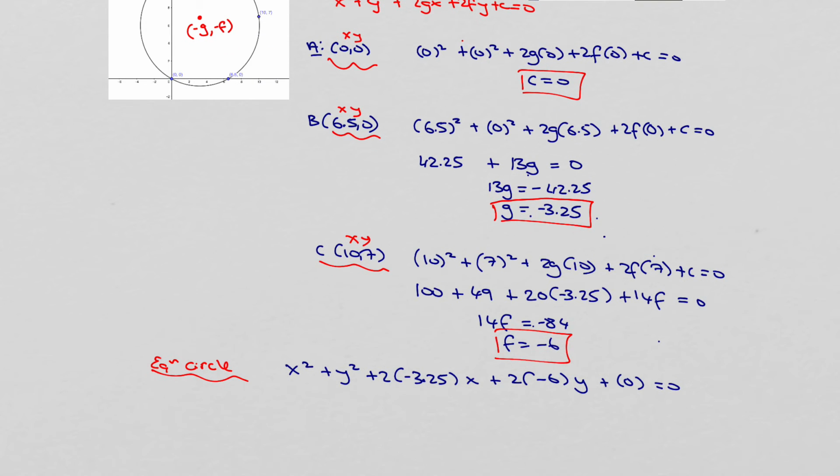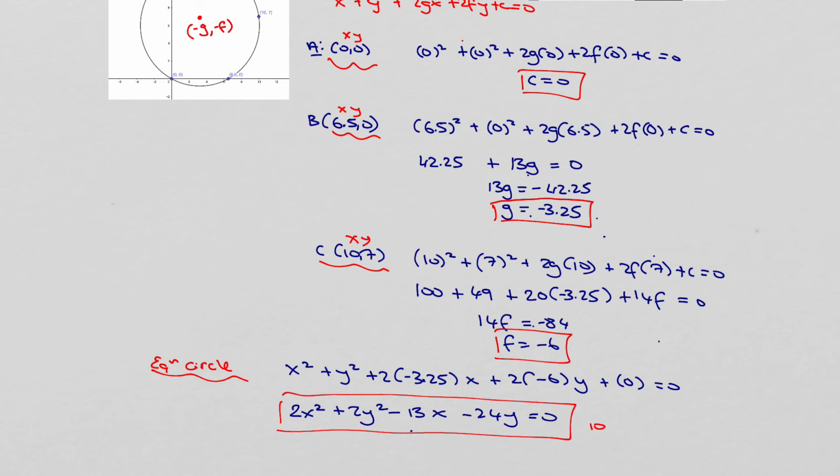And therefore my circle, if I multiply across there by 2, I can eliminate that fraction. And we end up with 2x squared plus 2y squared minus 13x minus 24y is equal to 0. And we had 10 marks going for that. It's broken down into 4 parts. So we have 3, 5, 8 and 10.